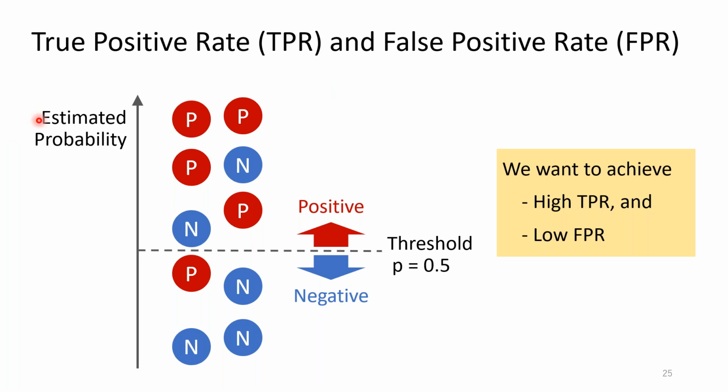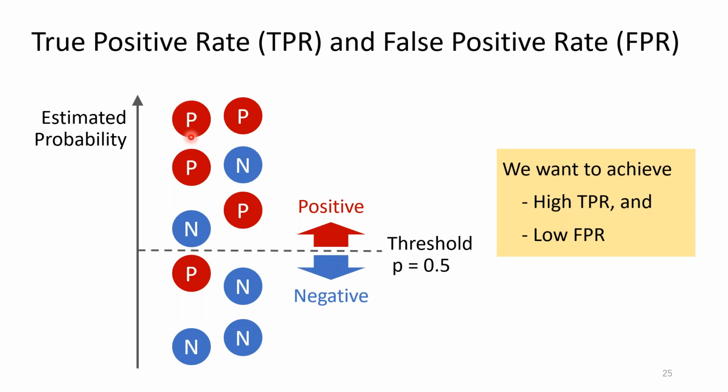By default, the threshold is set to 0.5. So if the classifier's estimated probability is equal to or higher than 0.5, the sample is classified as positive, and below that, the sample is classified as negative.